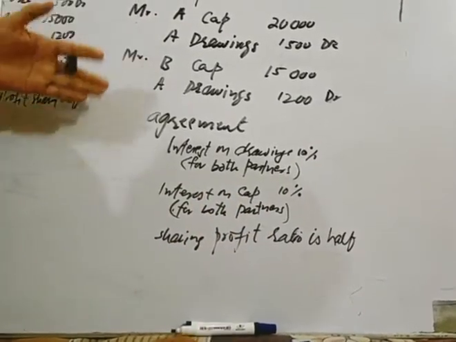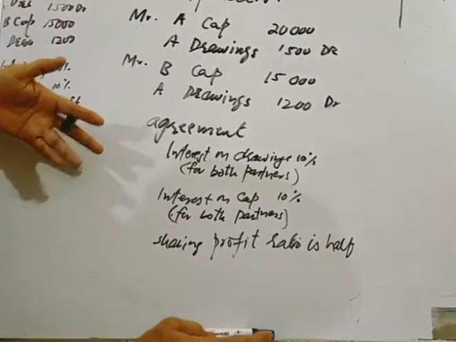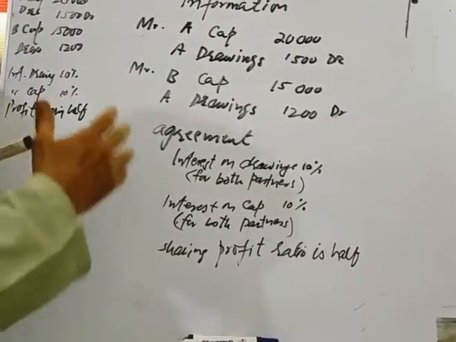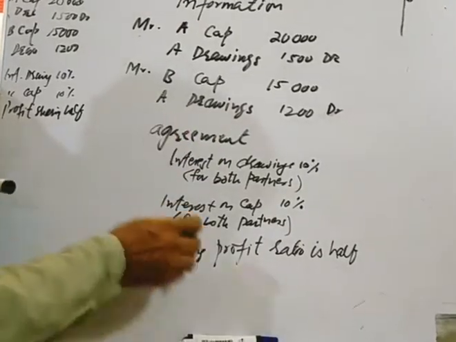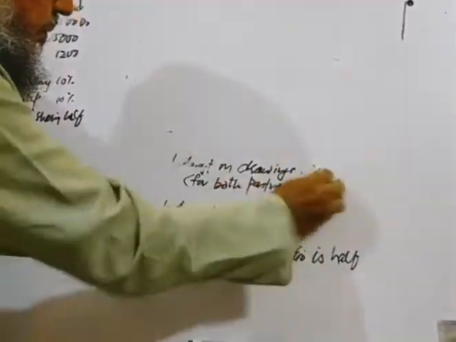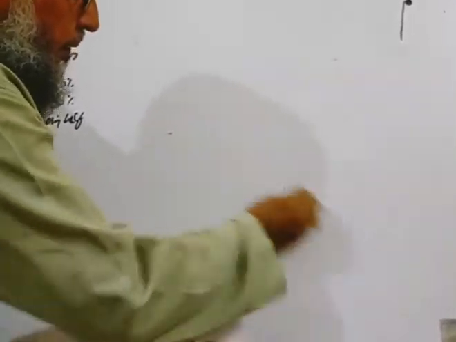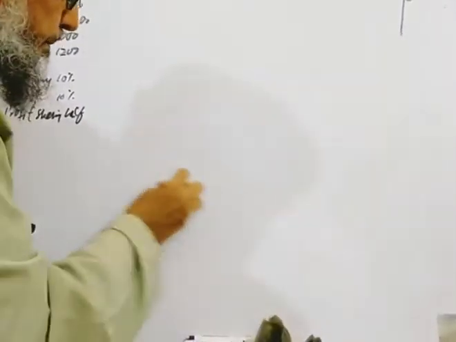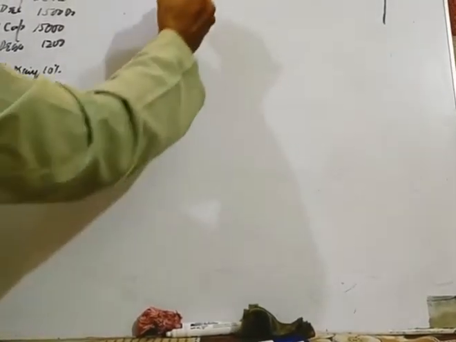Now, what is the information related? We are going to do the question about it, and we are going to make the profit and loss statement. This is our appropriation account.